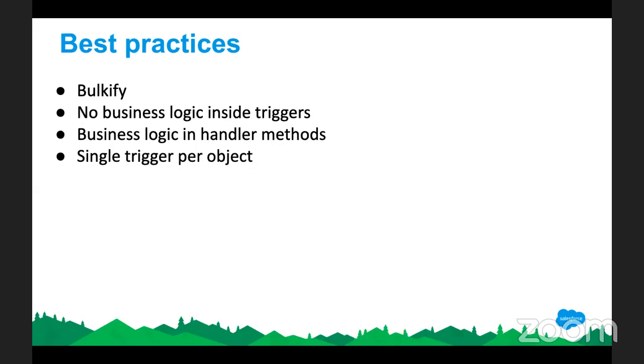So, what are the best practices for trigger? There are lots of best practices, but I'm trying to summarize very few things. Bulkify, which we have already seen. No business logic inside triggers. We should keep the triggers very light. We should write the logic in a handler method.